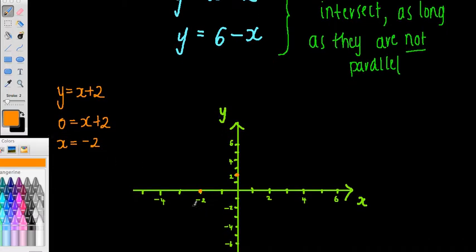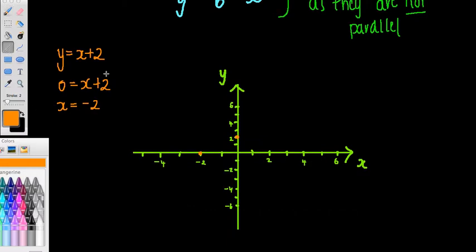There it is there. Now I can connect that with a straight line. Now forgive me if this doesn't work. Sometimes I can't get it right on the spot just because I'm doing it on the computer. So it's not absolutely accurate, but this one is y equals x plus 2.